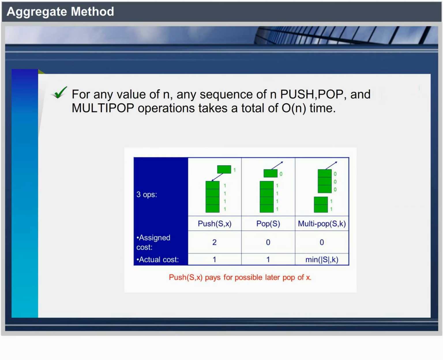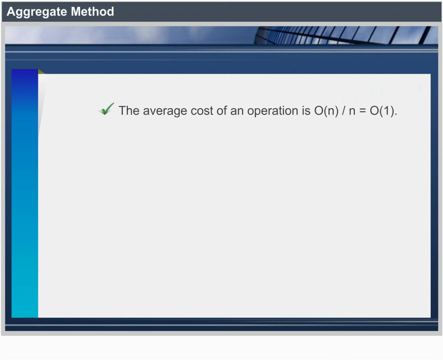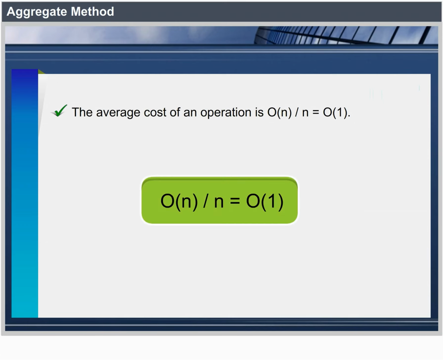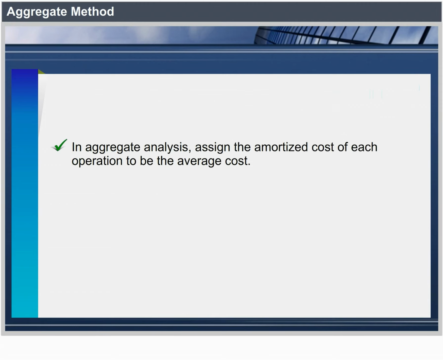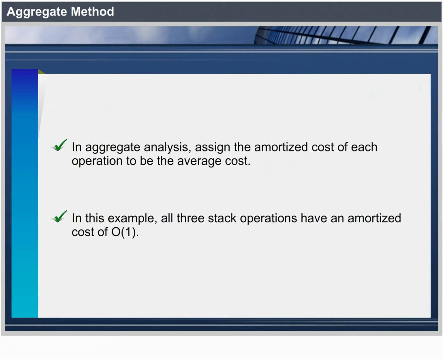For any value of n, any sequence of n push, pop and multipop operations takes a total of big O of n time. The average cost of an operation is big O of n divided by n, which equals big O of 1. In aggregate analysis, we assign the amortized cost of each operation to be the average cost. In this example, all three stack operations have an amortized cost of big O of 1.